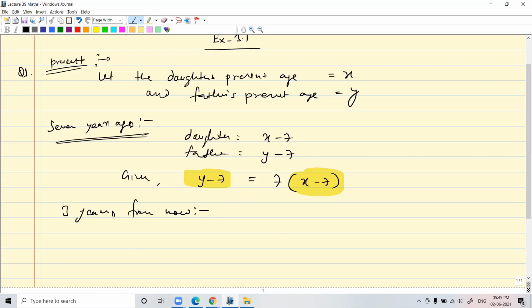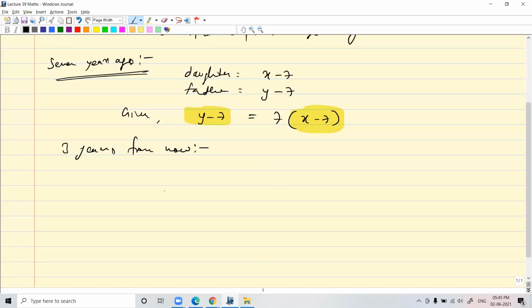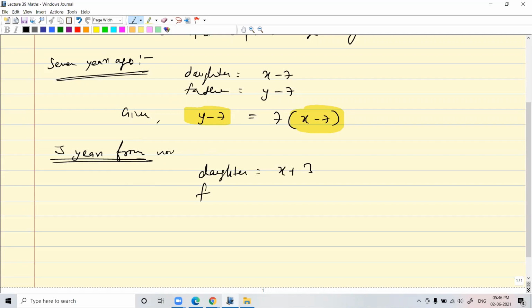Yes, sir. Now follow the same logic and tell me what will be the second equation. Y plus 3 is equal to 3 into X plus 3. Yes, excellent. So 3 years from now, the daughter will be X plus 3 and the father will be Y plus 3.